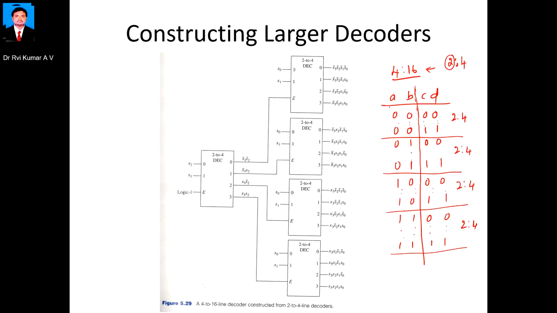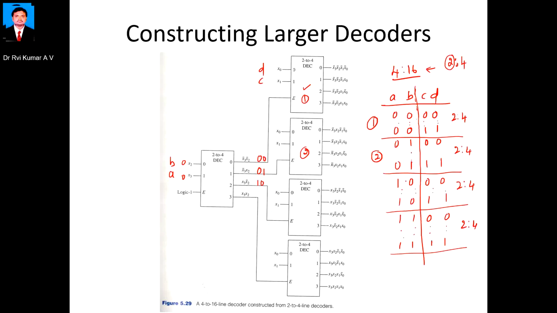But AB also has to be there for selecting these. So this is your AB and this is your CD, D and C. Whenever AB is 0 0, the first decoder will be selected and enabled. Then AB as 0 1, the second decoder is working.